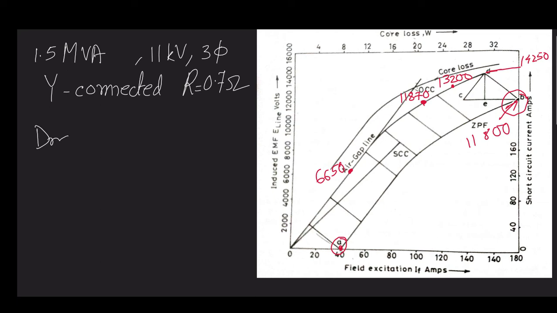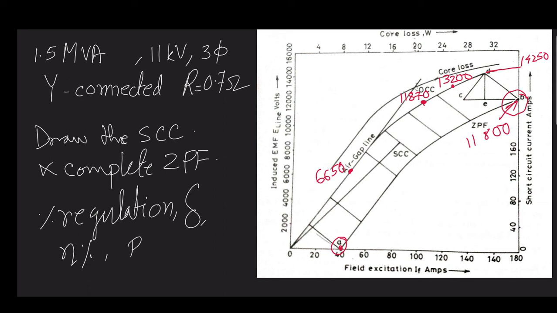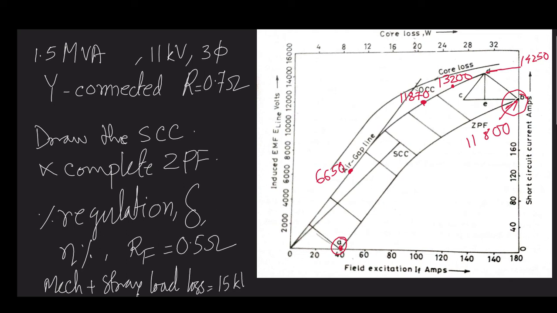Okay, let me write. Field circuit resistance, machine mechanical and stray load loss is equal to 15 kilowatt.